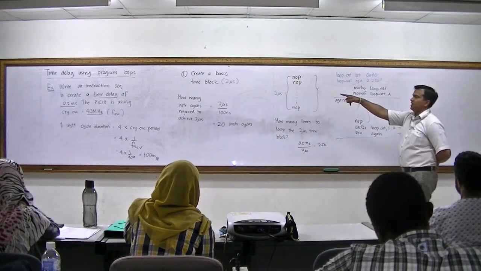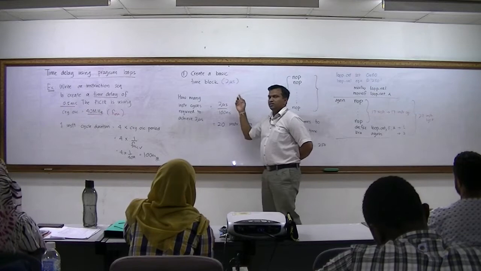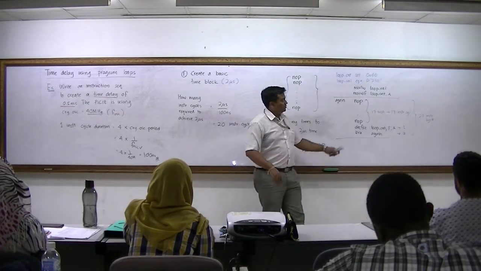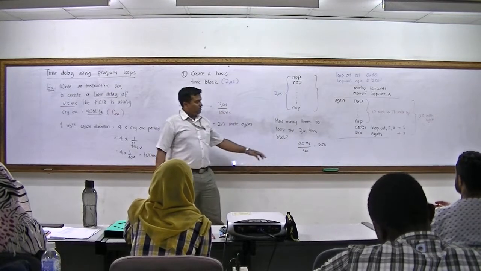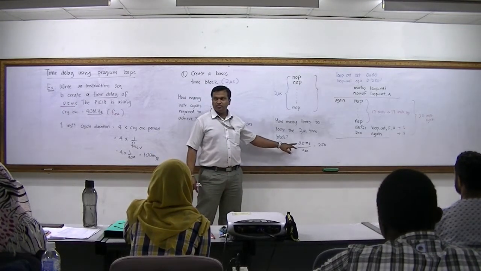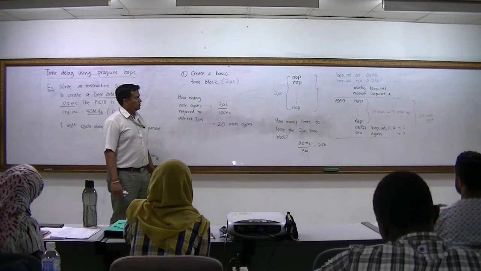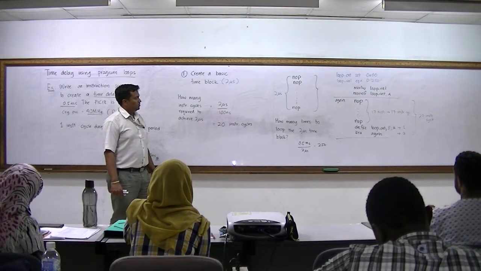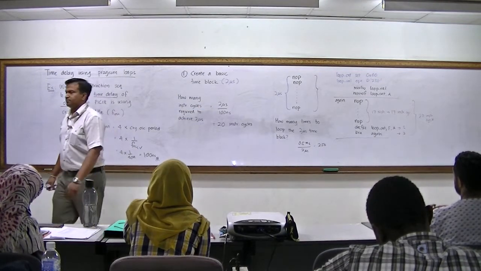So when you change that, the larger that this basic time block becomes, the less you need to do here. The larger you choose, it will become less. Here the more value you go, the higher, right? The bigger the value should be. Higher cycles.